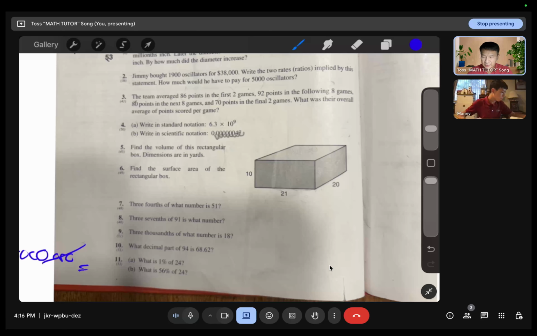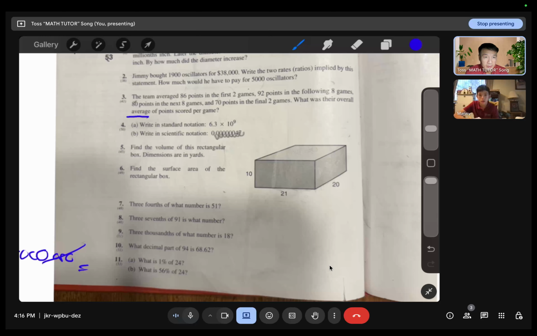Okay, how do you think you should do this? I think the key is to go with the average first. Well, I'll let you think about it. So what do you think? You average all the numbers, like 86, 92, 80, 70. Okay, so you're saying I should add 86, 92, 80, and 70.